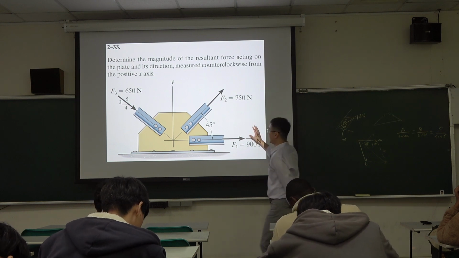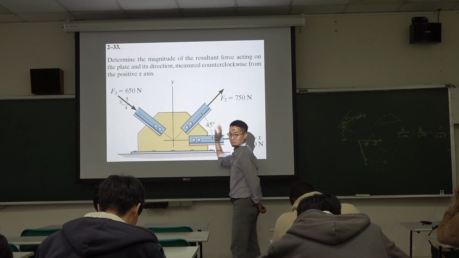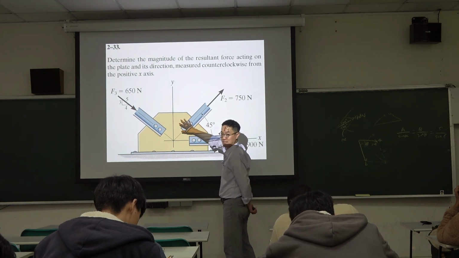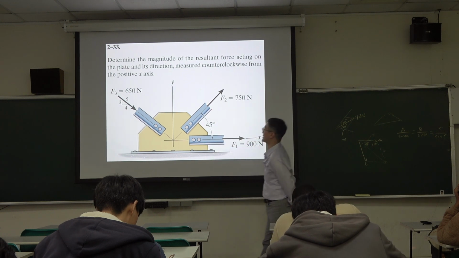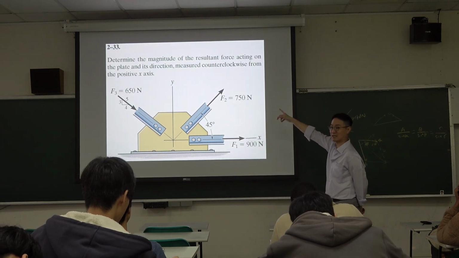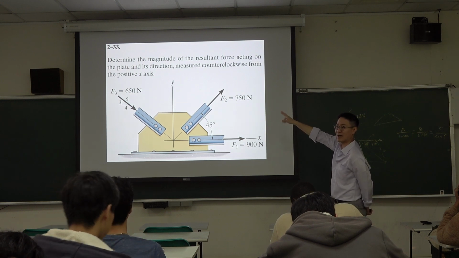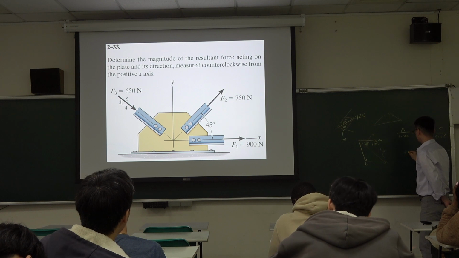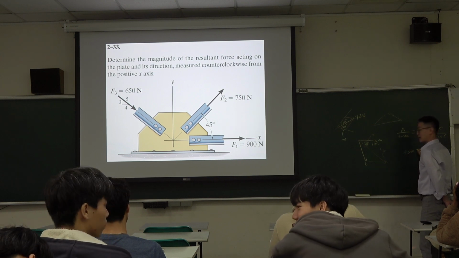Okay, then if we add all the forces together based on the Cartesian system, we can work out the resultant. But we need to know the counterclockwise angle, so we should follow the angle. How do we work out tangent? Okay, tangent.